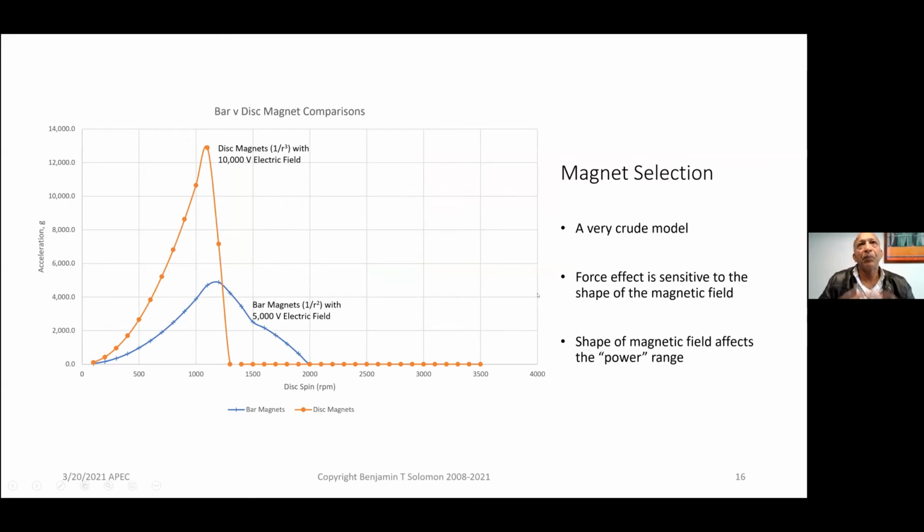And so when I built a crude model, by crude model I mean you have a bar magnet, you draw a line above the bar magnet, and then you find the change in the field about that line, over a very small distance. You don't build a model of the whole area of the bar magnet, just a line across that magnet, because we want some quick results.